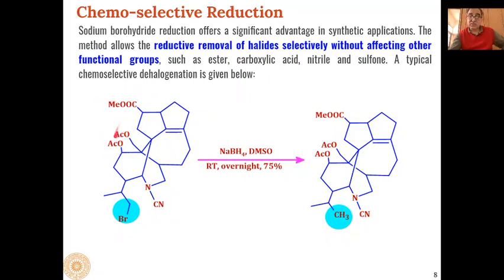All these types of functional groups are not affected by sodium borohydride. It selectively reduces, removing this Br by hydrogen. So at this carbon, hydride will be added and this Br will be removed. And this again is a chemoselective reduction in case of sodium borohydride.